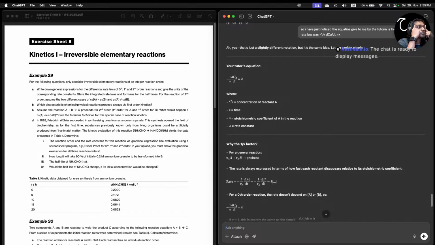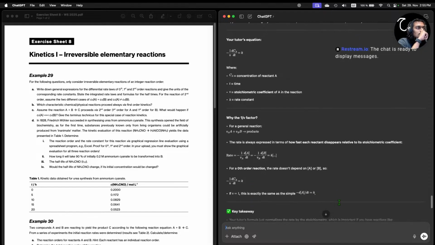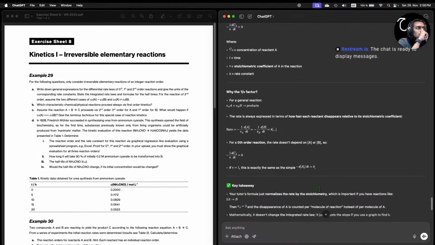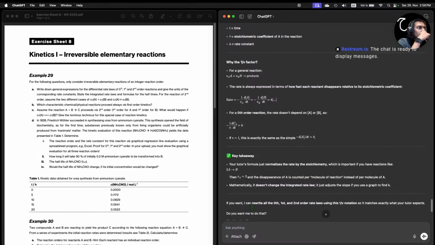For a zero order reaction, the rate doesn't depend on A or B, so I can rewrite.